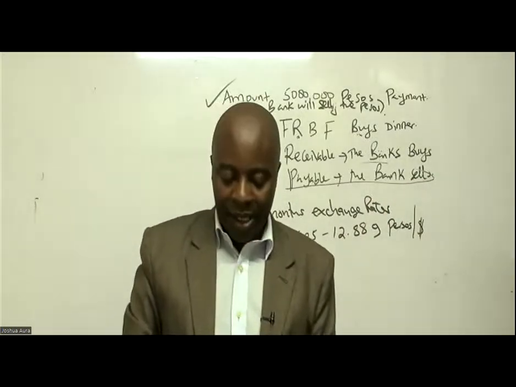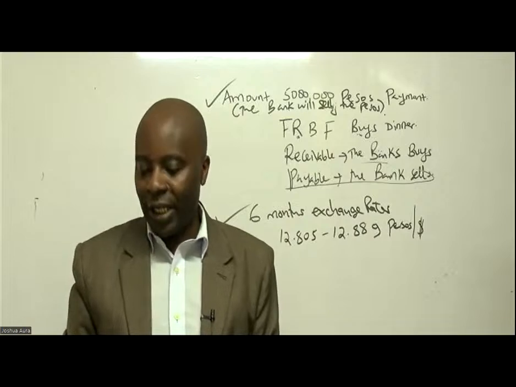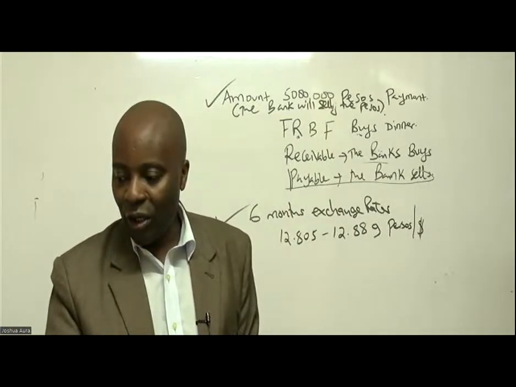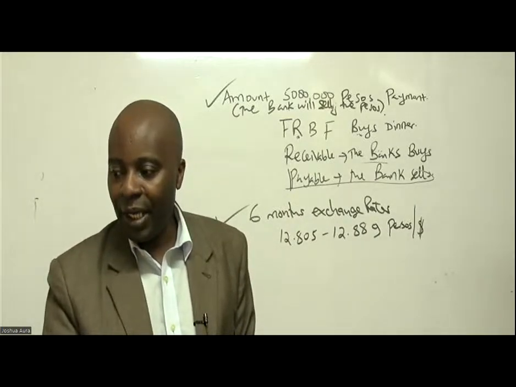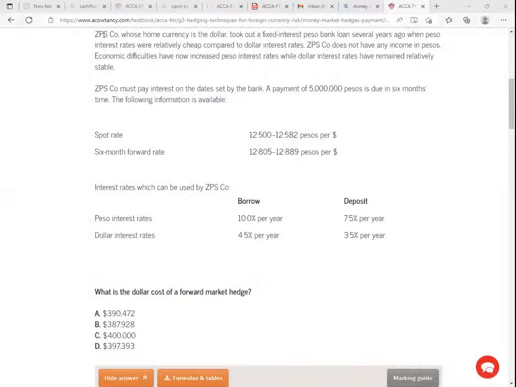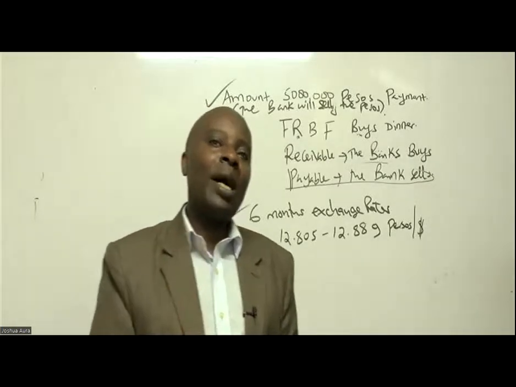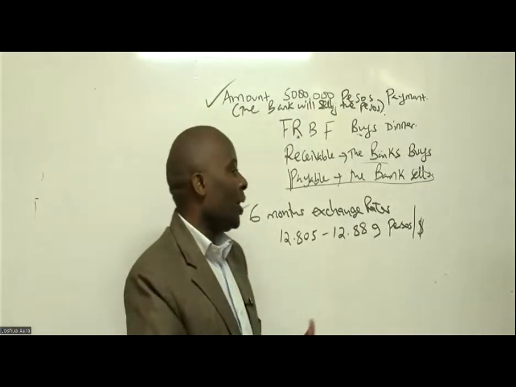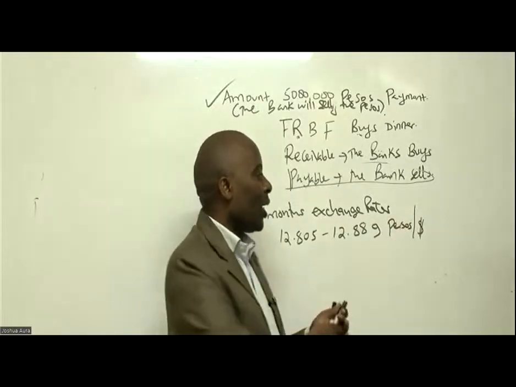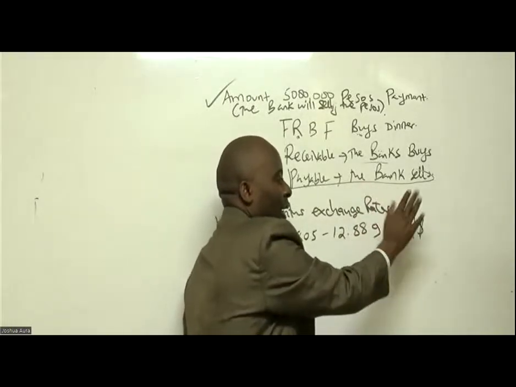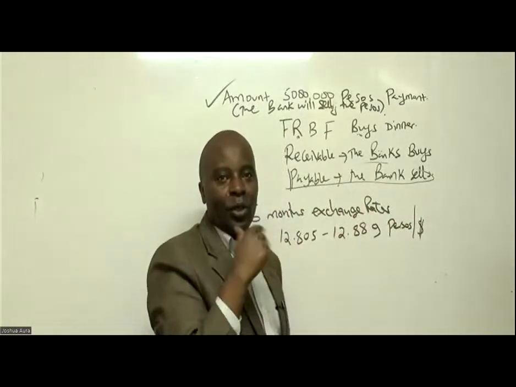Now tell me which currency. They have told us up there that ZPS uses the dollar. ZPS's home currency is the dollar. So once they've told us that the home currency is the dollar, I need to look towards my home currency. The dollar is on the right side.